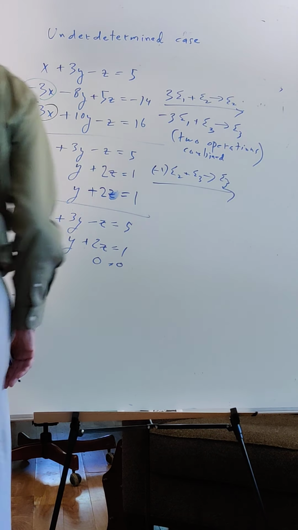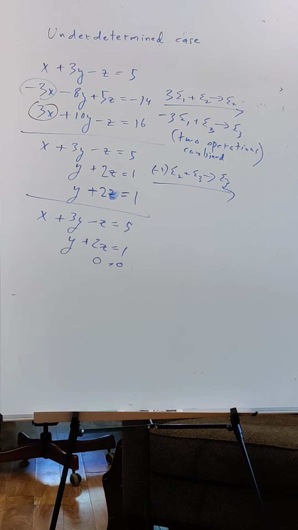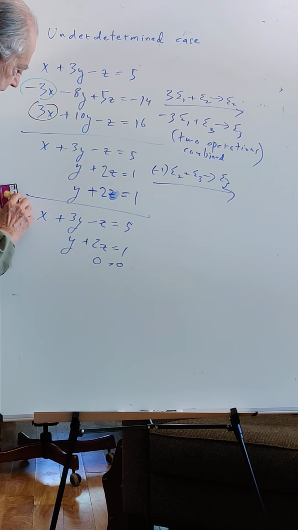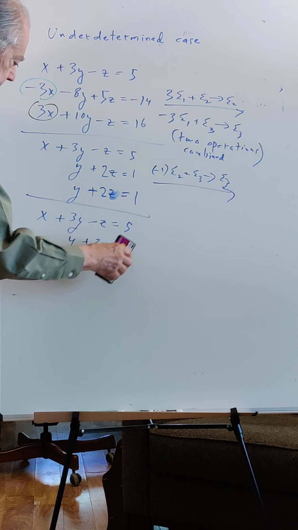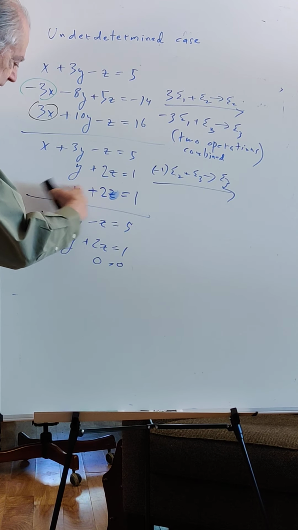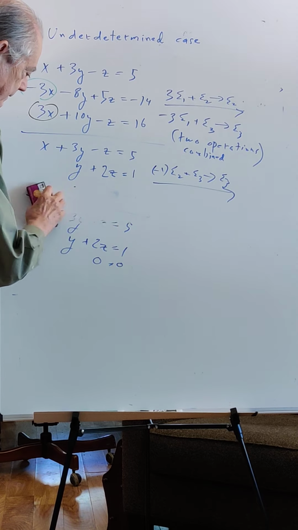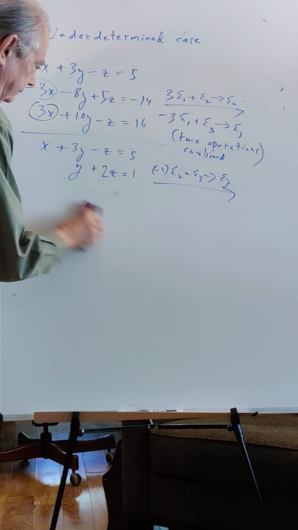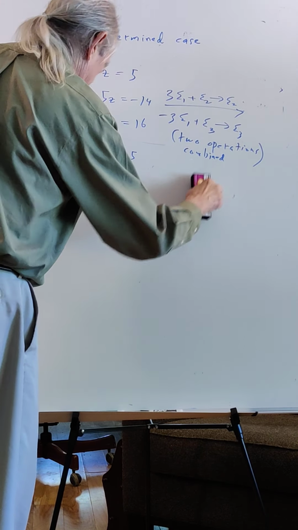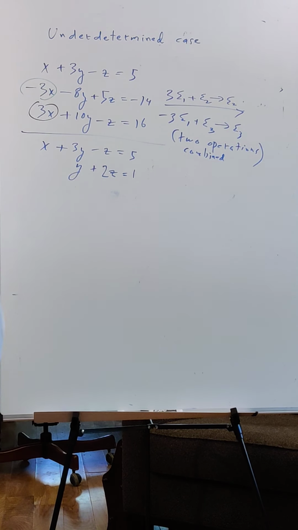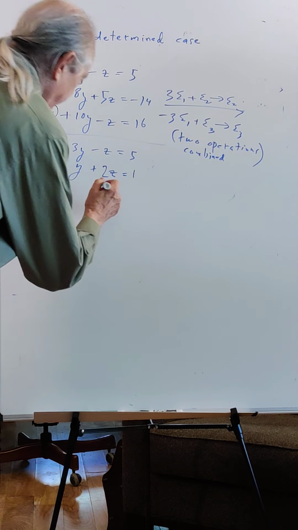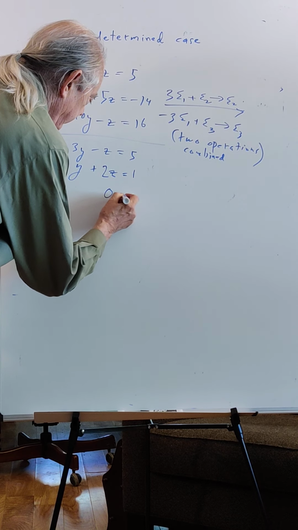Okay, so how does the back substitution work? If you don't mind, class, I'm going to create some space here by, remember I said you could delete this because it's the same as this. Okay, so this is 0 equals 0.